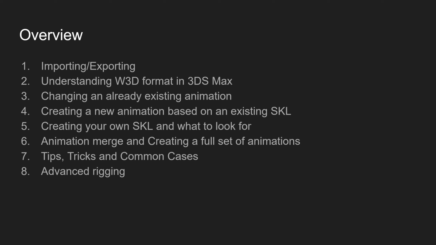Then I identified 3 kinds of cases when you're modding something that already exists. You either change an already existing animation, which we're going to talk about, or create a new animation based on a skeleton that already exists in the game, which is a common case in my experience.